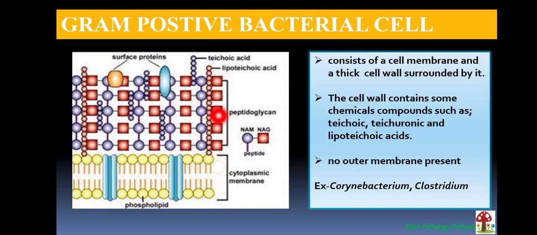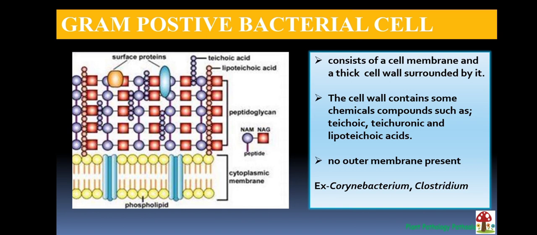The main constituent of the cell wall is a polysaccharide called peptidoglycan. Here this disaccharide glycan is interlinked with a protein bond, that is a peptide bond, so it is called peptidoglycan. So the cell wall consists of multiple layers of peptidoglycan and is very thick in nature.